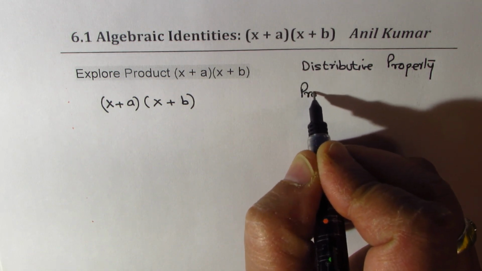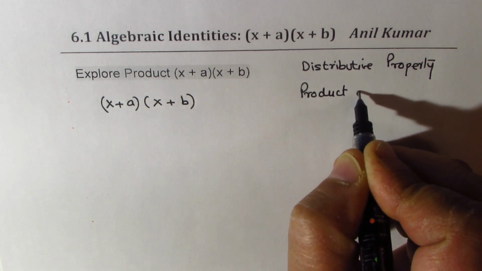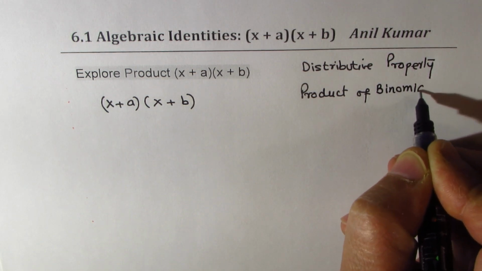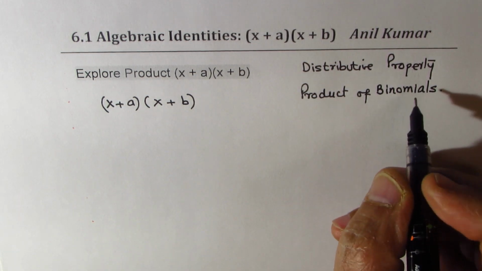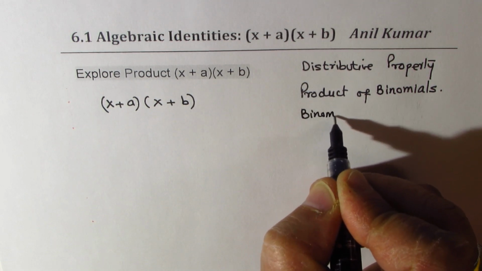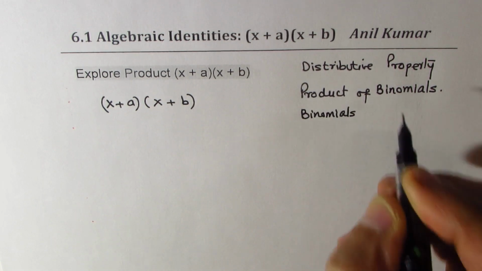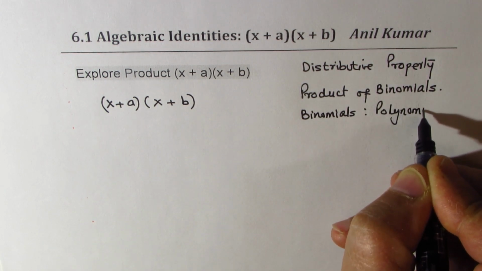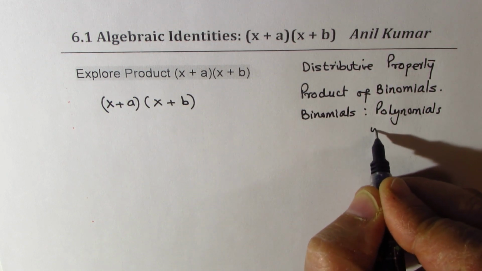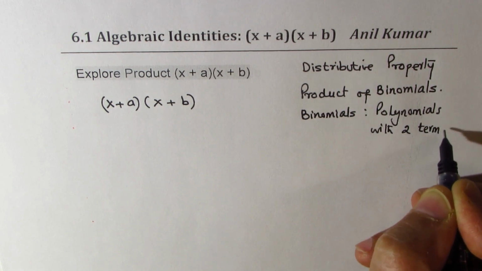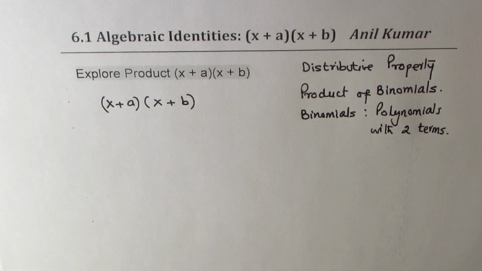So we are writing product of binomials. What are binomials? Binomials have two terms. Let me write down that also. Binomials means polynomials with two terms. Okay, so that's what we have.